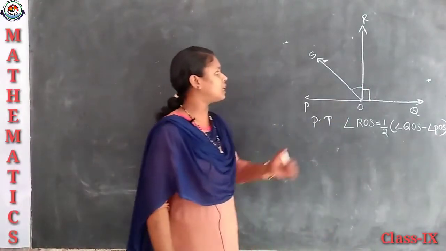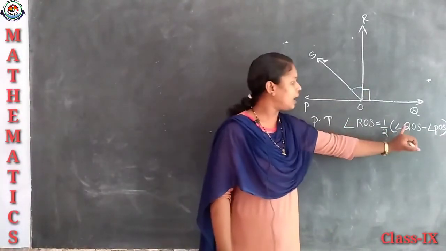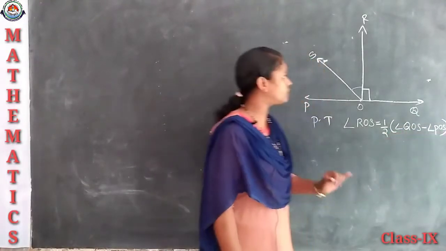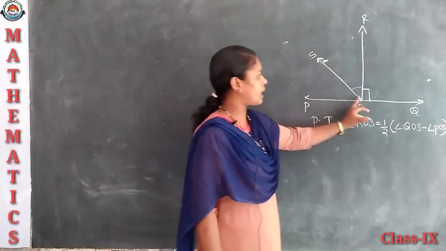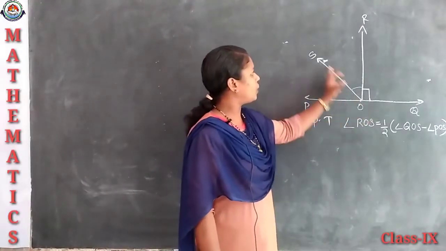We need to prove that this angle is equal to half into angle QOS minus angle POS. Angle QOS means this angle, and angle POS, this one.